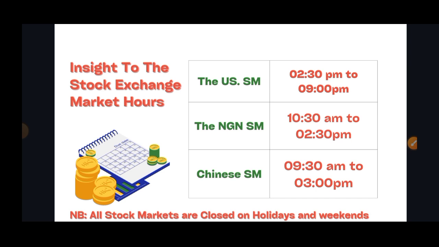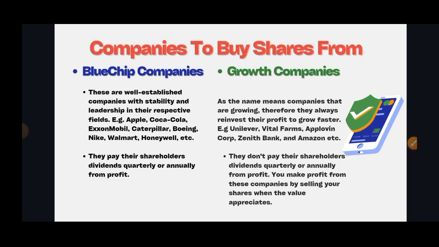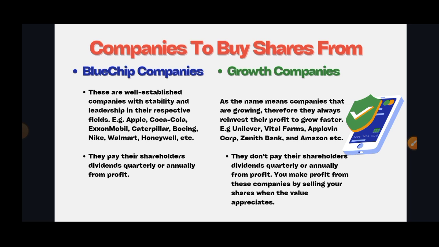Okay, so let's proceed. Now, companies to buy shares from. Before you know the companies you're going to buy shares from, we have two types of companies: blue chip companies and growth companies. Blue chip companies are well-established companies with stability and leadership in their respective fields, in terms of finances, revenue and market capital, that has made them outstanding and unique, so that even other companies are trying to catch up, learn from them and improve theirs.